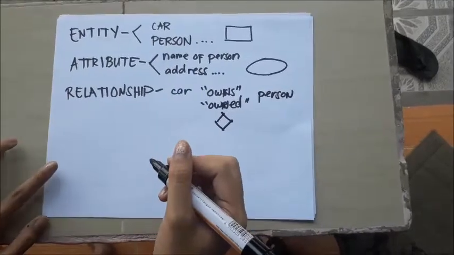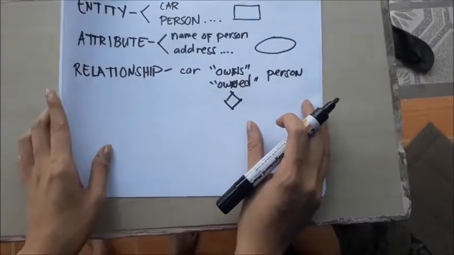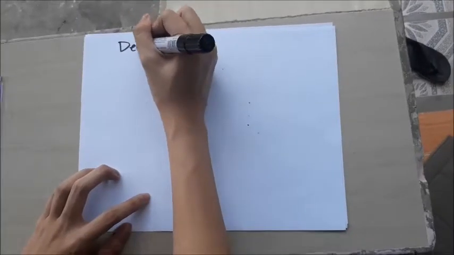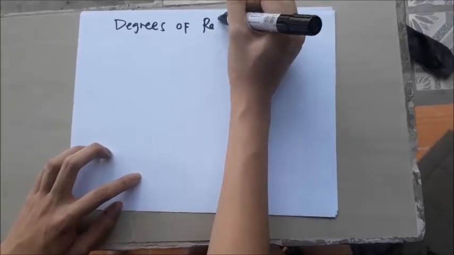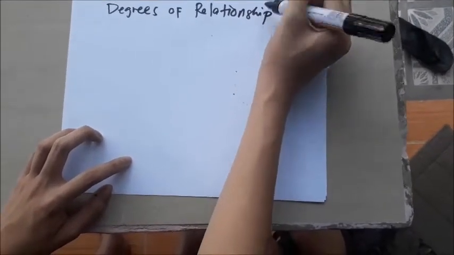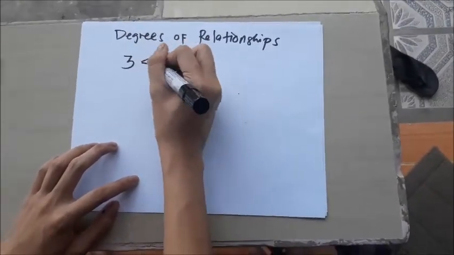Now let's go to the degrees of relationship. This is important because we can see what kind of relationship we have in our database.